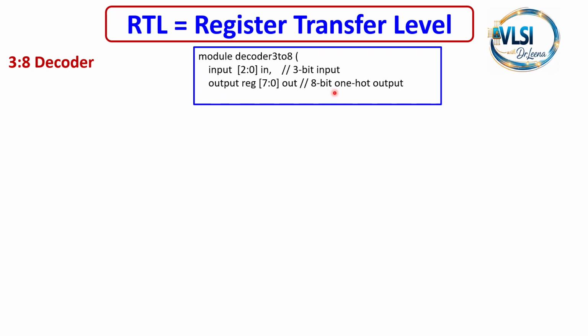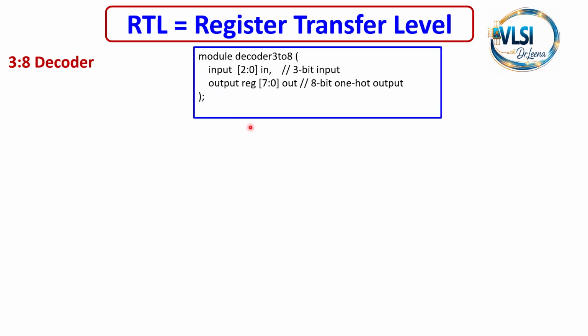Here it is an 8-bit one hot output, which we represent as OUT. It ranges from 0 to 7, totally an 8-bit output bus, and it is given as reg because the output is assigned inside an always block. Here only 1 bit becomes high at a time, so it is called one hot output. And after assigning the inputs and outputs, we close the bracket. Look at this, we closed.